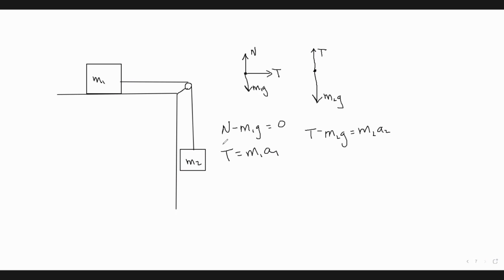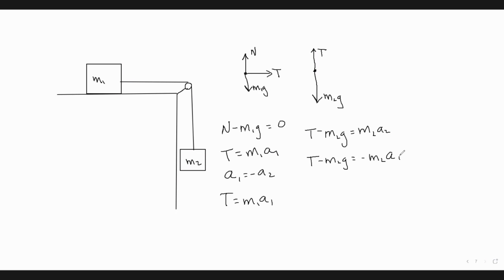Now I have, for these two equations here, because this third one doesn't matter, 1, 2, 3 unknowns, T, A1, and A2. I need another equation. And my other equation is that A1 equals minus A2. So I have T equals M1A1, and I have T minus M2G equals minus M2A1.